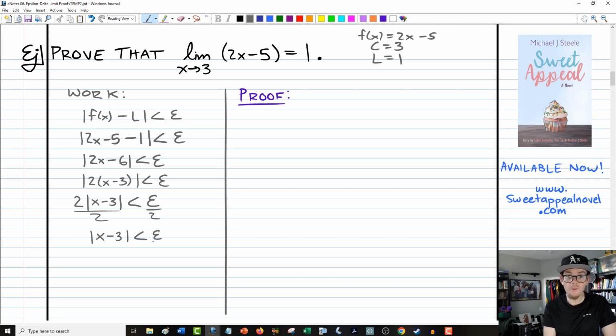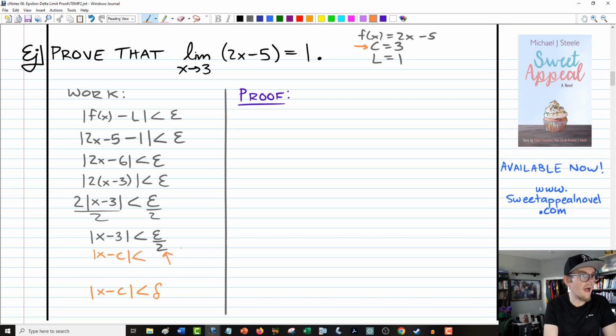Now, what have I accomplished? Well, c is 3. We wanted to eventually get the absolute value of x minus c is less than delta. This is the absolute value of x minus c. Therefore, this is going to be our delta.